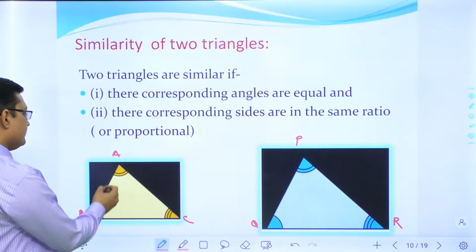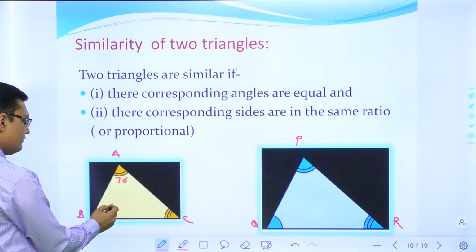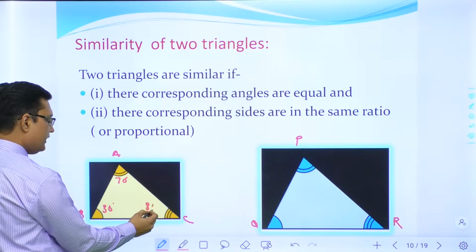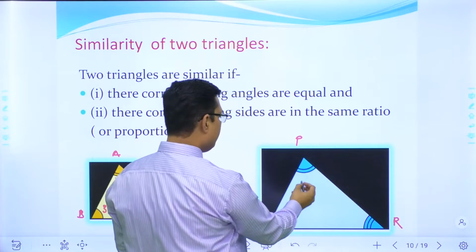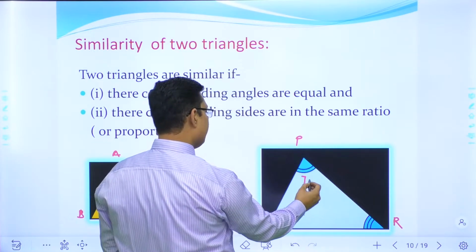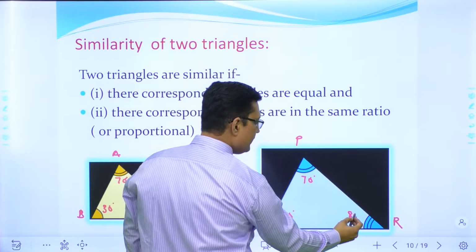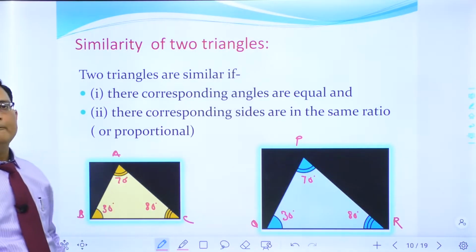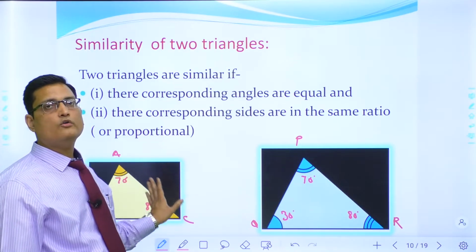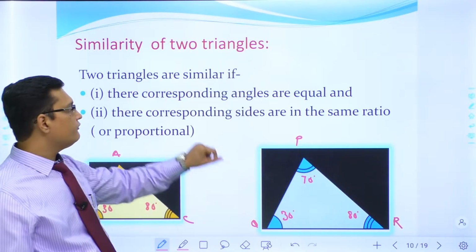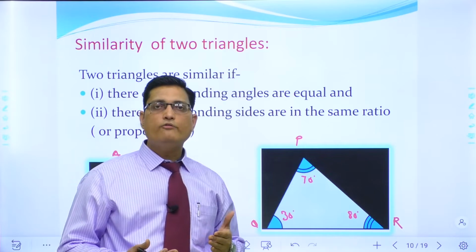If I give you this angle 70 degrees, this angle 30 degrees, and this angle 80 degrees, and similarly in the other figure this angle 70 degrees, this angle 30 degrees, and another angle 80 degrees, students, you can compare that in the first and second figures the corresponding angles are equal. It is following this criterion. So it is a criterion of similarity.